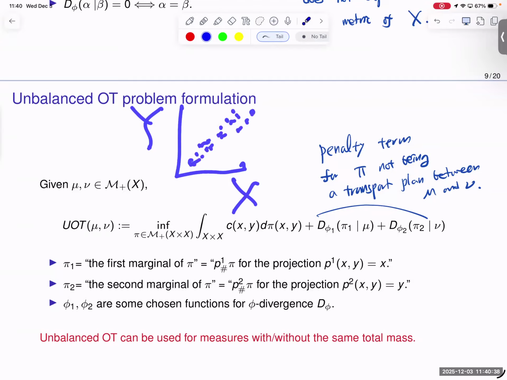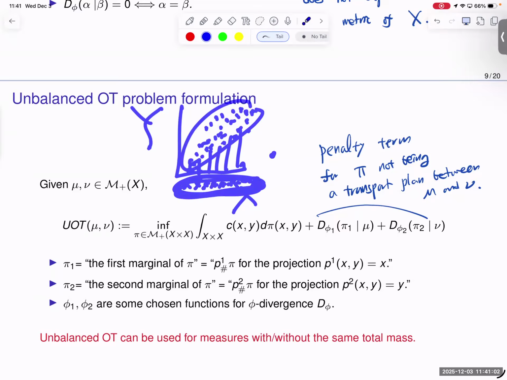What is marginal? Just treat each point as a drag. You just project it down, then you have the collection of the corresponding drags. So that distribution of drags is basically the marginal. Because of that, the total mass between this and this are the same.